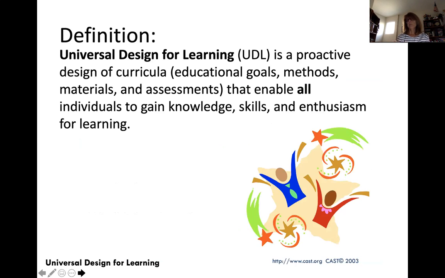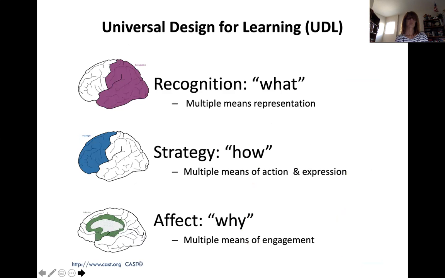So the definition is the fact that it's a proactive design for everybody to gain knowledge, right? Makes sense. The other piece with universal design is the acknowledgement that the brain has different pathways, if you want to call them that, different channels of learning different kinds of things.